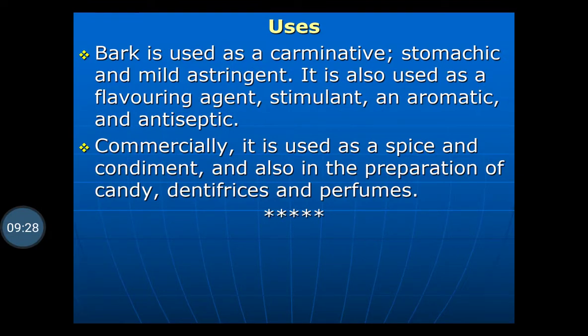Uses: bark is used as a carminative, stomachic, and mild astringent because of the presence of the tannins. It is also used as a flavoring agent, stimulant, aromatic, and antiseptic. Nearly all the volatile oils are used as antiseptics because of the presence of terpenoids.